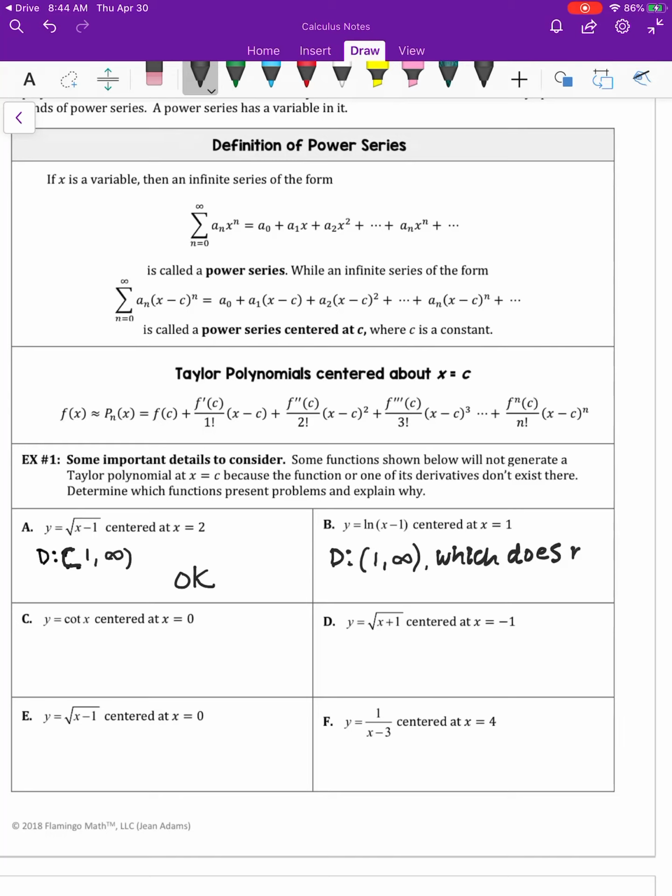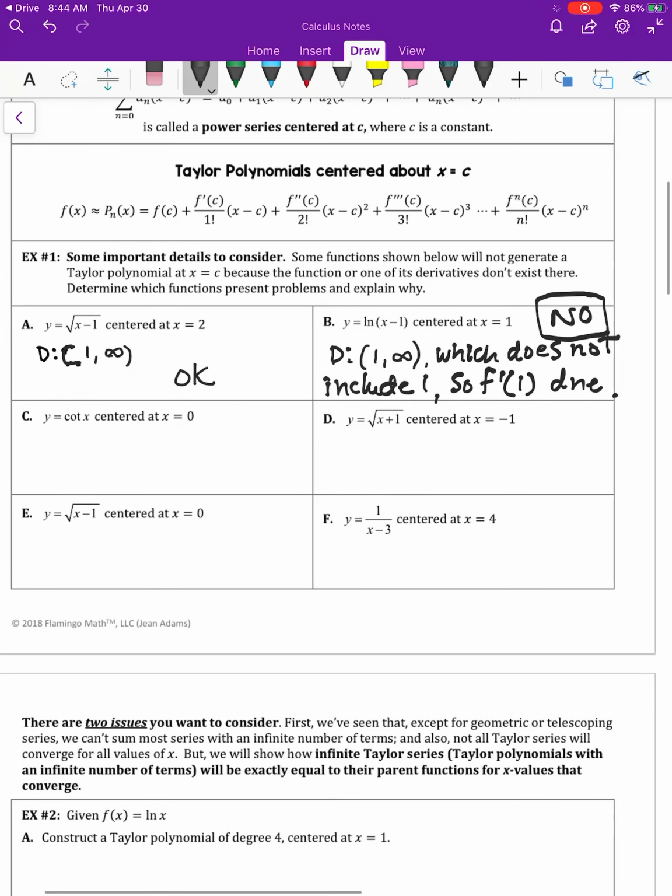So I say the domain is from 1 to infinity, which does not include 1. So f prime of 1 does not exist. So no, we cannot have a Taylor polynomial centered at 1 for that function.